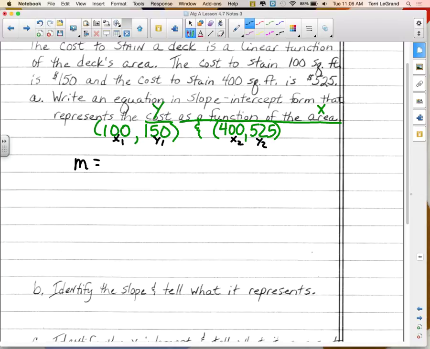Since we've been doing this for quite a while now, we should be able to do this. And again, you can use your calculators. It's okay.